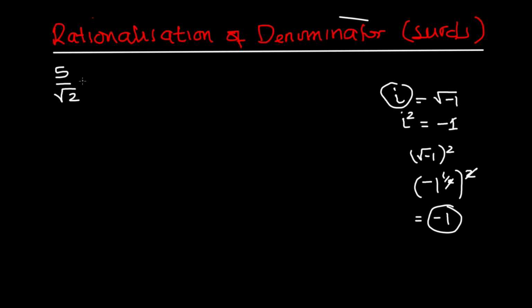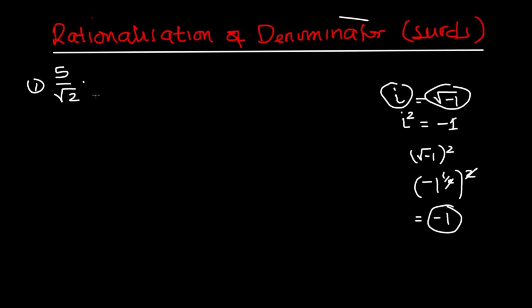So if we are given, for example, this one, how do we rationalize? We do the same thing as before. Okay, so what we do is we make sure that we square this. How can we square this so that we free it from this radical here?